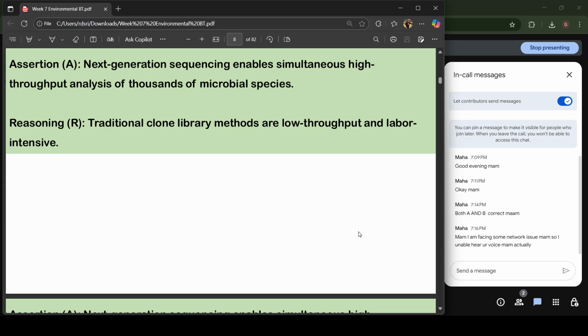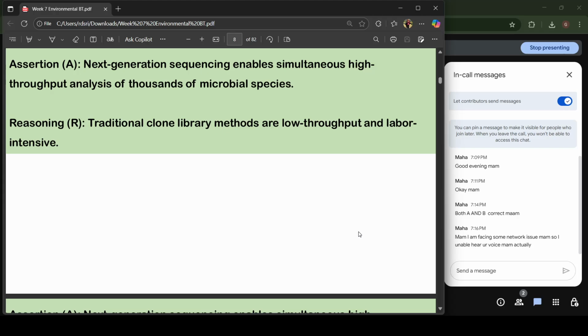Initially, all this gene sequencing was done using traditional methods that include Sanger sequencing. It takes lots of time to sequence, because the sequencing happens one base pair after the other.